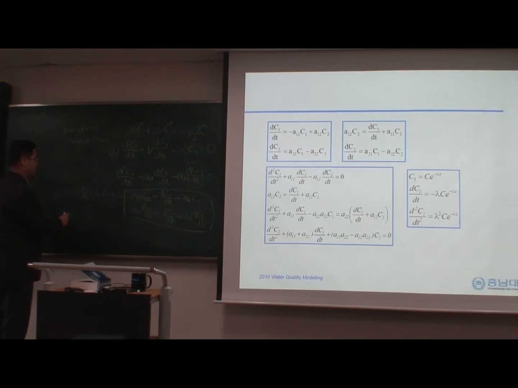And if we multiply everything by A12, A12 dC2/dt equals A12 A21 C1 plus A12 A22 C2.